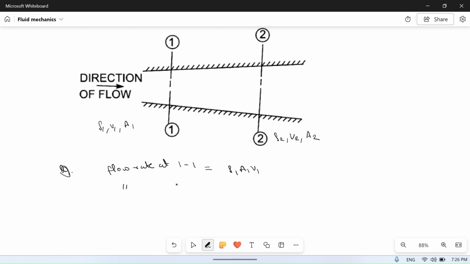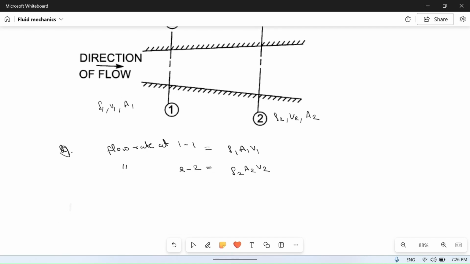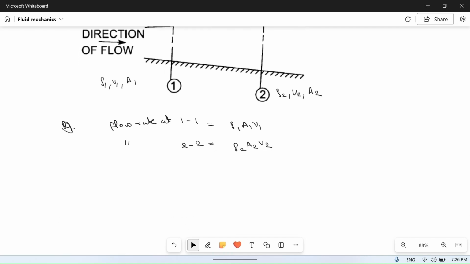Similarly, flow rate at 2 will be ρ2 a2 into v2. So according to the law of conservation of mass, rate of flow at section 1 will be equal to rate of flow at section 2. So ρ1 a1 v1 is equal to ρ2 a2 into v2. So this is called the continuity equation.